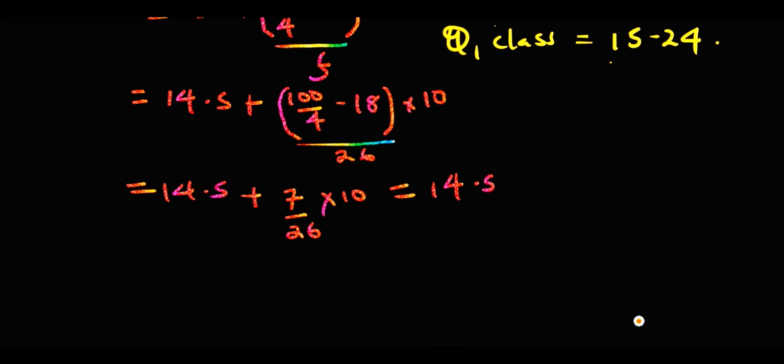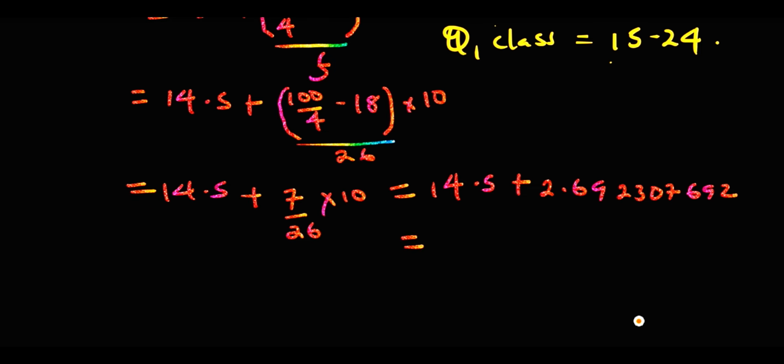So we have 14.5 plus, if you simplify 7 over 26 times 10, you're going to get 2.69230769.